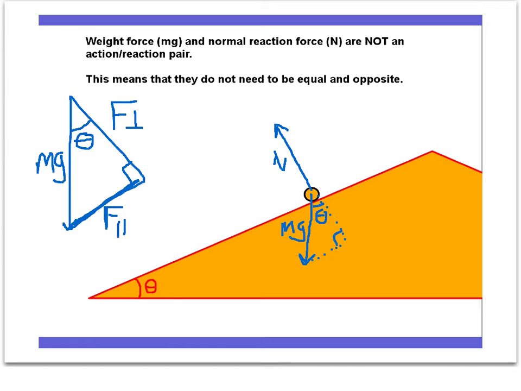So we can say that the force parallel to the slope by trigonometry is mg sine theta, just by looking at this little right angle triangle here, and the force perpendicular to the slope is mg cos theta. This is a really important diagram for you to have a copy of on your cheat sheet.